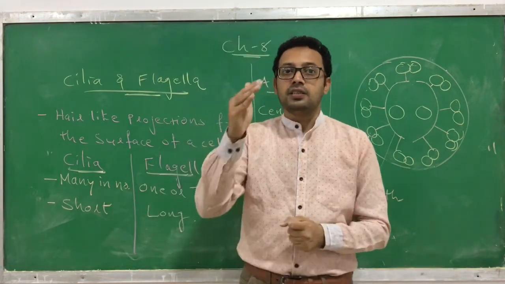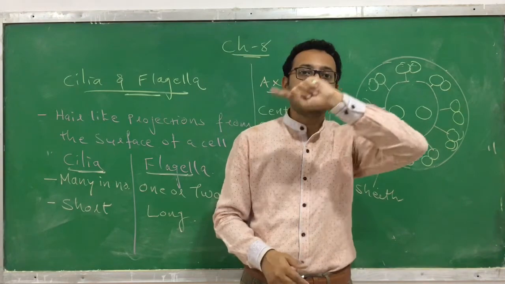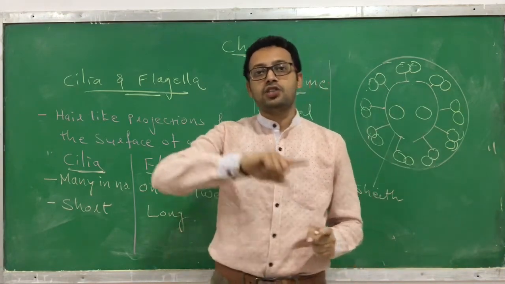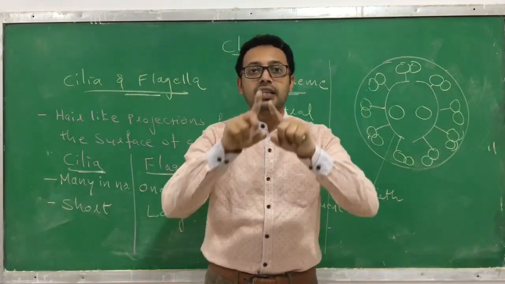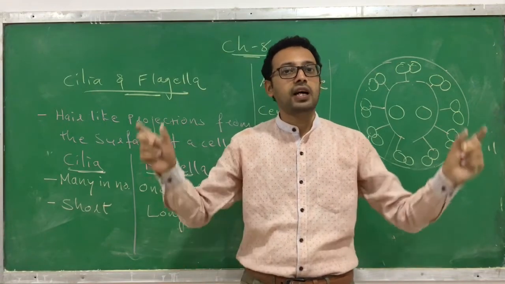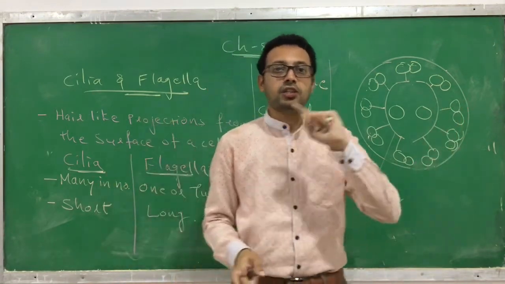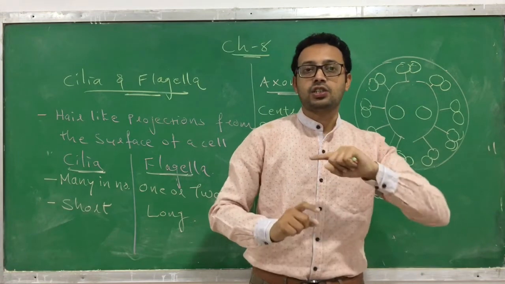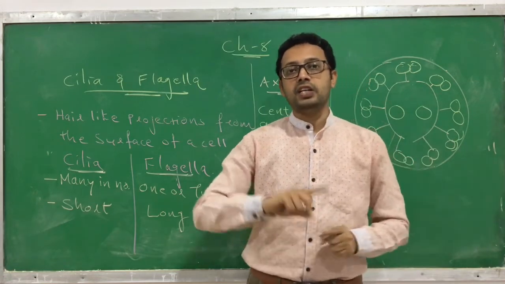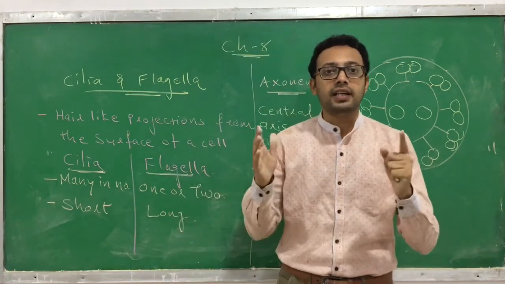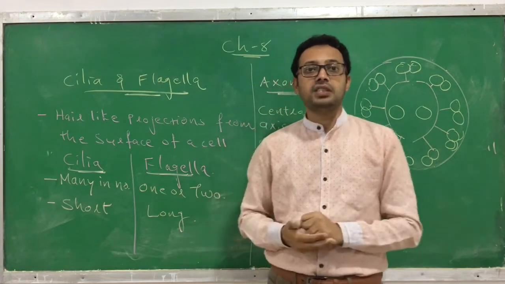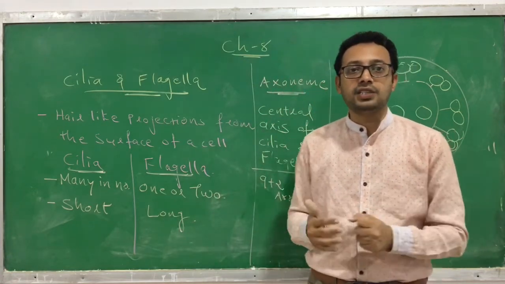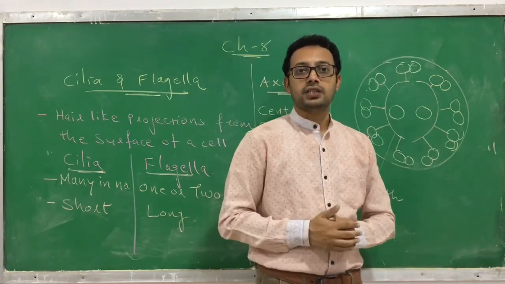But remember, the structure of flagella in a prokaryotic cell and in a eukaryotic cell are different. Both are called flagella, but their structures differ. Here we have discussed the structure of cilia and flagella in the eukaryotic cell.